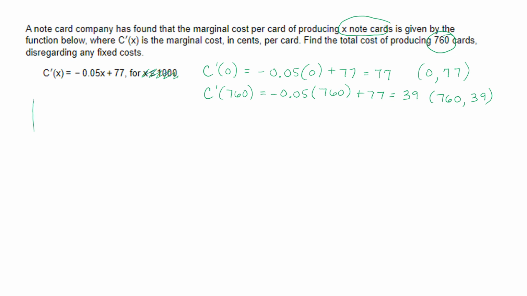So again, this time our Y values are positive, so I'll draw my graph that way. We know at X being 0, our Y is going to be 77. And if our X is over here at 760, our Y is at 39.